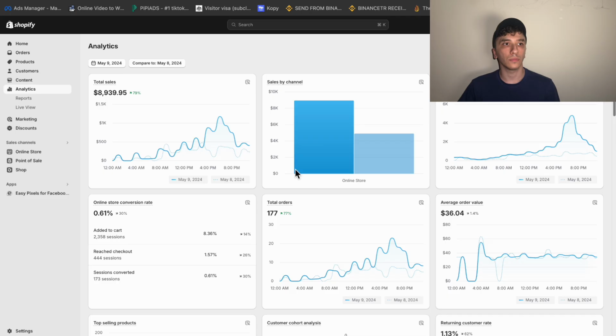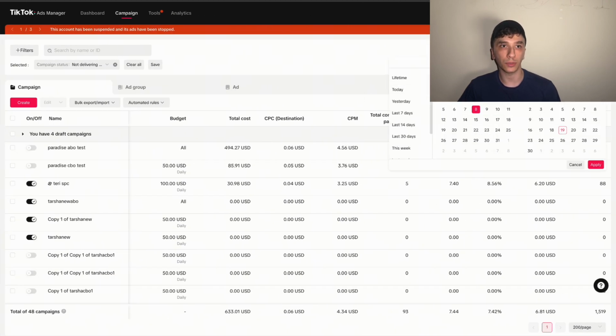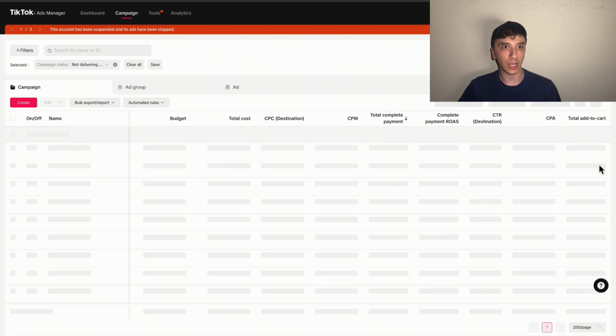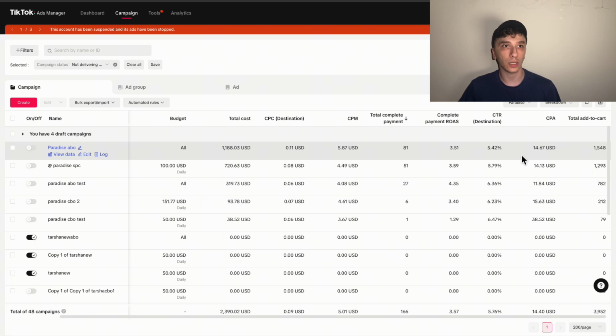Now, second day of running this, I had around $8,900 in sales, which is not a 10K day, but it's around there. In the second day, the ROAS dropped because I tried to push as high as I possibly could, and the CPAs went up, as you can see. And there was a lot of new competition coming in for this product, and my ROAS went to around 4 in the second day of running it.